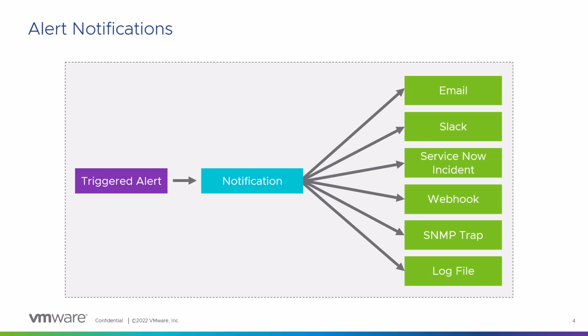Native integrations with ServiceNow can be leveraged so that incidents can be raised and further narrowed down to the team of origin. Webhooks can be used to integrate literally anything that accepts REST API calls. Finally, we can use SNMP traps or just write it to a log file, which can then be used in Aria operations for logs or any similar product.